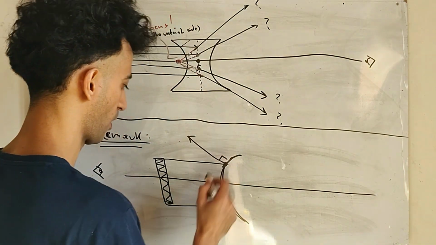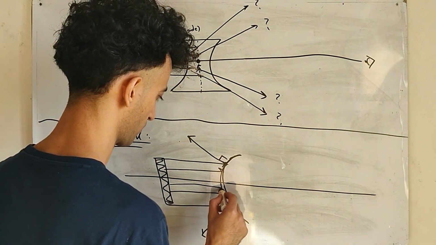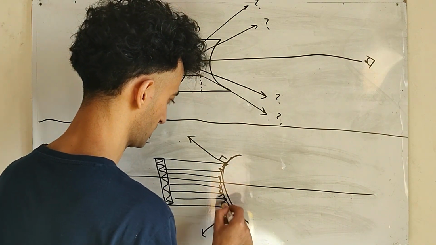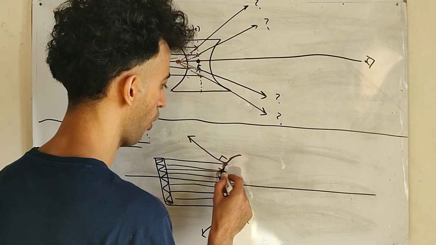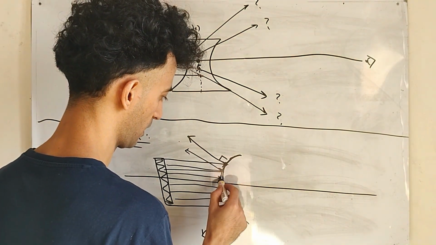Still, the problem is that all those rays of light parallel to the optical axis reaching out to the mirror, they will all reflect away.